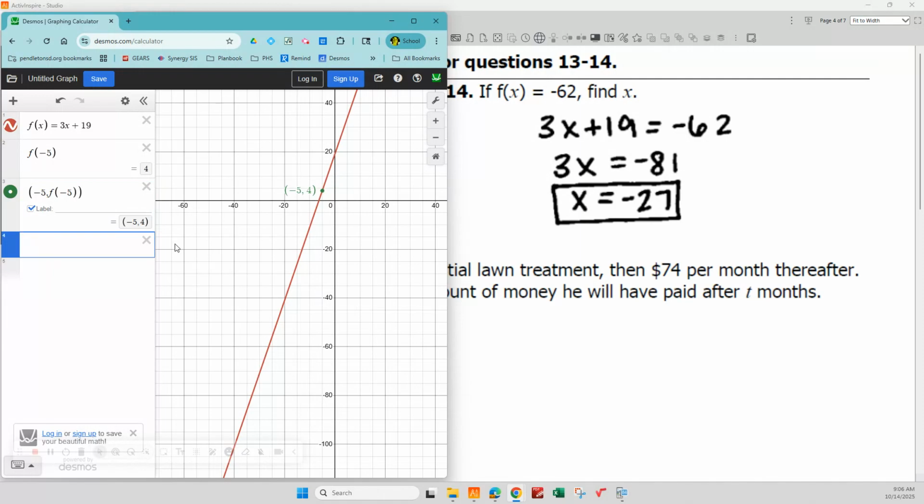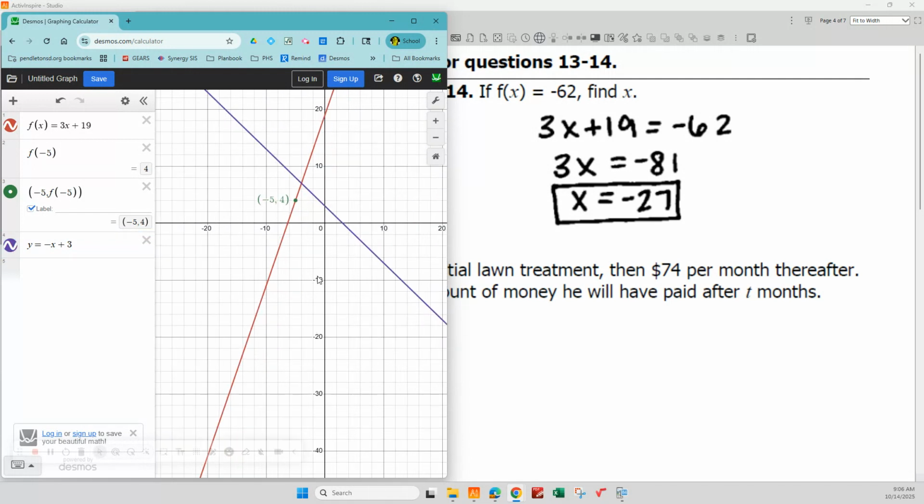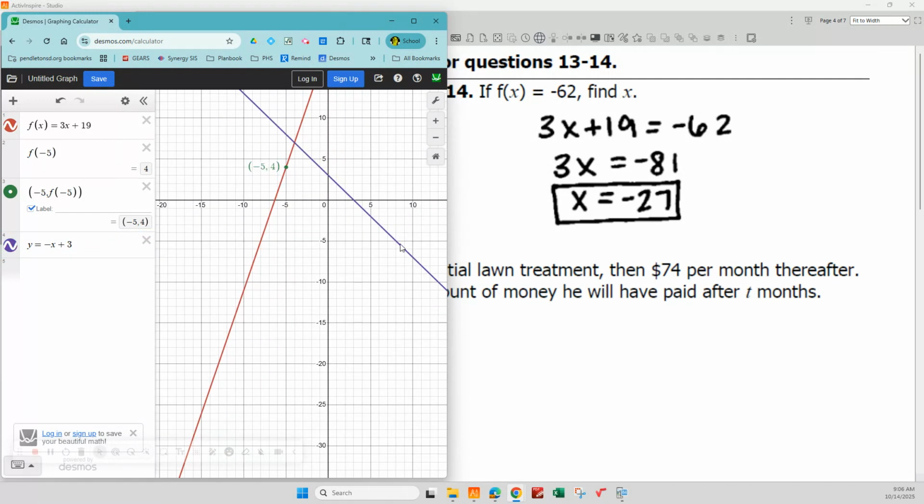For example, if I put in another graph, like y equals negative x plus 3, and zoom in, if I click on the purple line, everybody see that Desmos has these grayed out points? Why did it choose those? It has an infinite number of choices. How come it chose to highlight those 3 places?